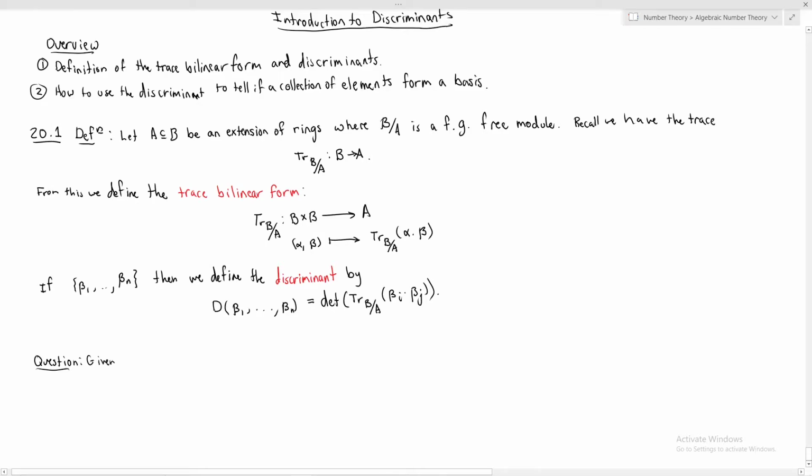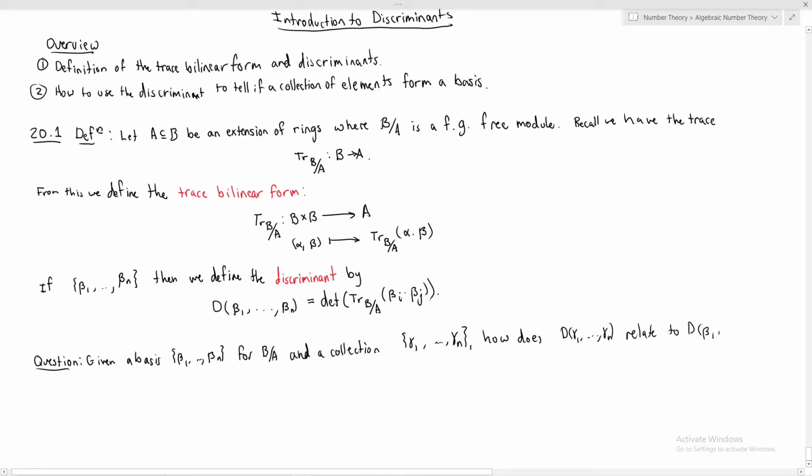Let's say, given a basis, say beta 1 through beta n, for B over A, and let's say a collection of elements, gamma 1 through gamma n, how does D of gamma 1 through gamma n relate to the discriminant of the betas, beta 1 through beta n? Okay.